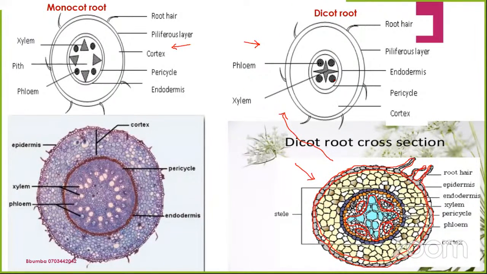And as I told you, when we are marking, we follow the other qualities of a good drawing, okay? The title must always be there. Neatness, no broken outline, okay? We don't shade.